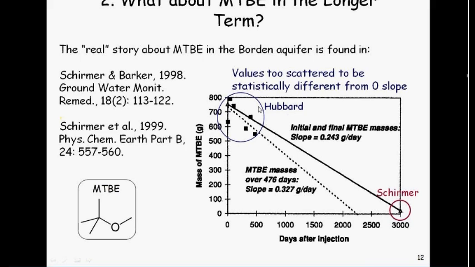So you go back and look at this data and put the best fit line through the data, and that dotted line is the best fit line, I think. But it's not statistically reliable. At that point, maybe the rate becomes somewhere in between those two. So it looks like MTBE eventually did disappear, or almost disappear.